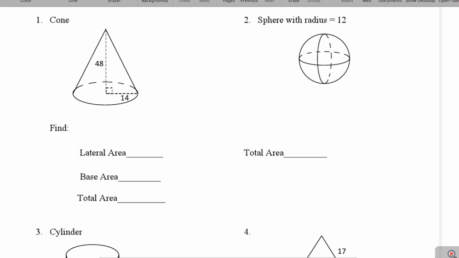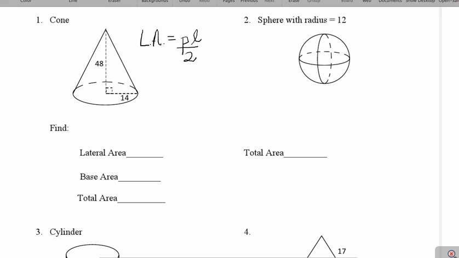So looking at example 1, we have a cone, and first it asks us to find the lateral area. Recall that the lateral area of a cone formula is the same as the lateral area of a pyramid. So it's equal to the perimeter of the base times the slant height divided by 2. First of all, we need to find the length of the slant height since that is not given.